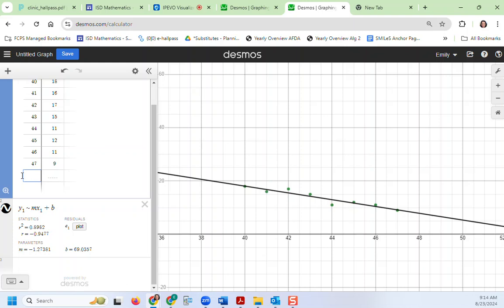All right, so I'm just going to add this equation at the bottom of my notes.